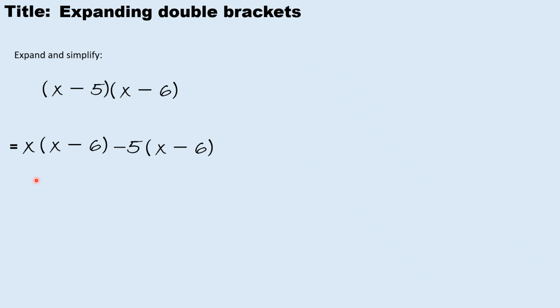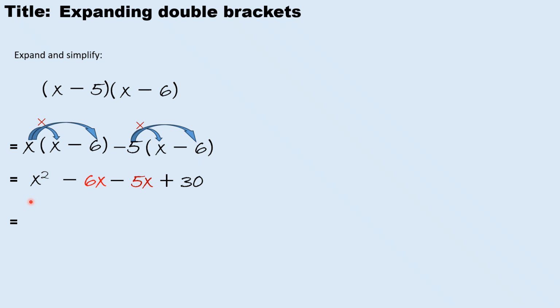Okay, let's continue. x multiplied by x will give you x squared, and then x multiplied by minus 6 should give you minus 6x, and then minus 5 multiplied by x should give you minus 5x, and then minus 5 multiplied by minus 5 will give you a plus 30.